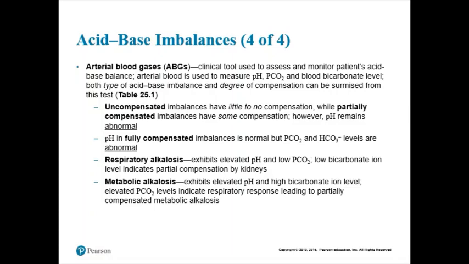And your body doesn't always compensate. Sometimes you have an uncompensated imbalance. Sometimes you might have a partial imbalance. We're not going to focus on uncompensated and partial. We're going to focus on how do you tell whether or not you have an acidosis or an alkalosis and if there is compensation. That's what you're seeing as the last two bullet points on this slide.